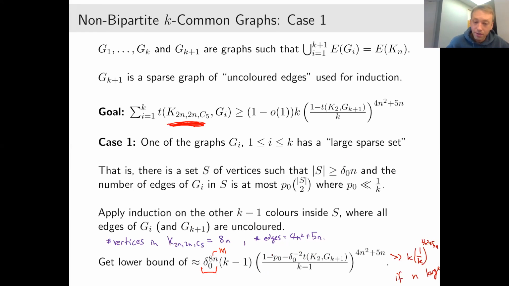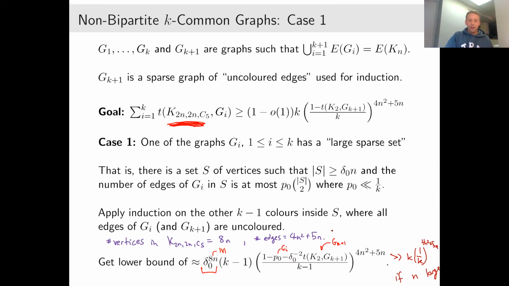What's the density of the uncolored edges? It's p naught, and that's the contribution from G_i, which we're assuming is not colored when we're counting inside of S. And this is the contribution we get from G_{k+1}. This 1 over delta naught squared is the worst case scenario, that maybe all of your uncolored edges sat inside of S, and you would have that many in there.